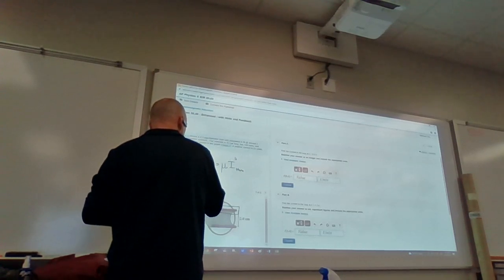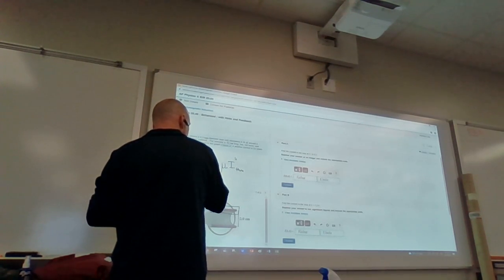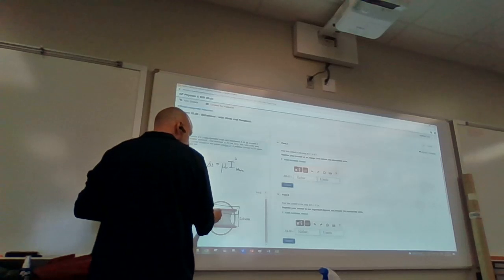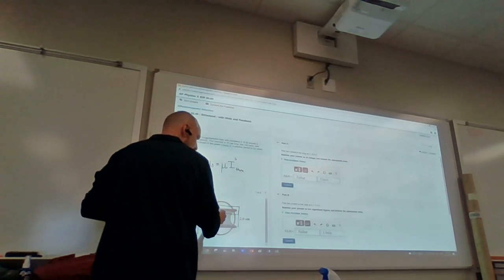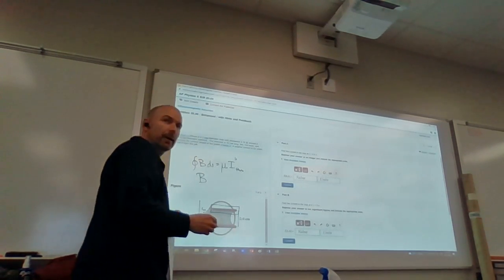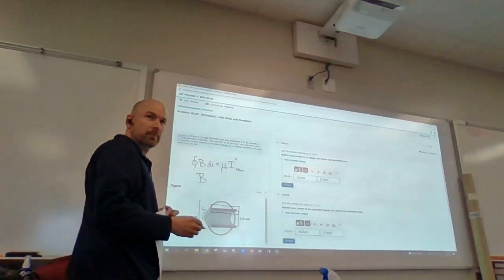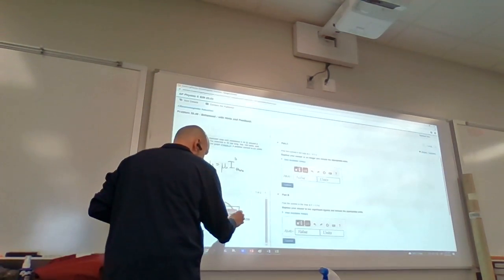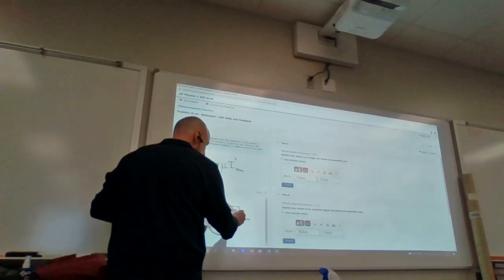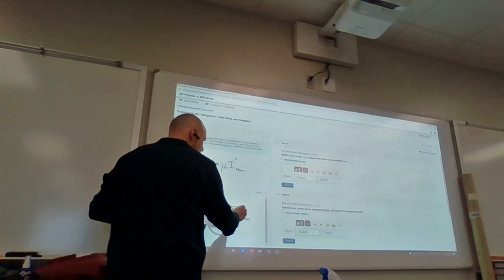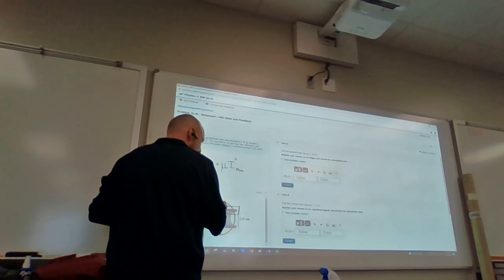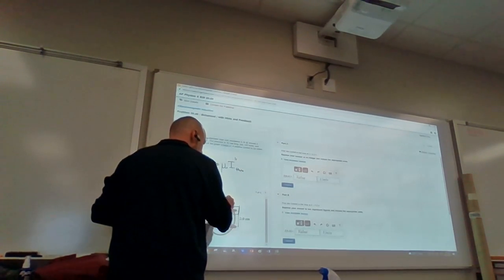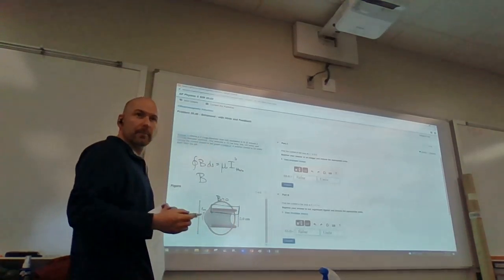So this is the magnetic field of the solenoid. This here is the only place where you're going to have magnetic field that's parallel to the Amperian loop, the path you're integrating, the line integral. Here, the magnetic field is perpendicular, and here, the magnetic field is 0 out here ideally.